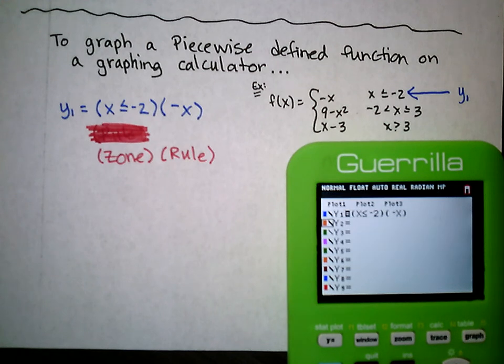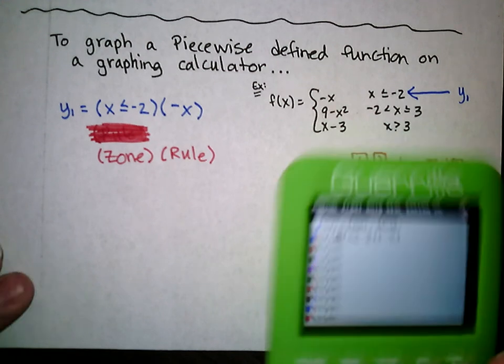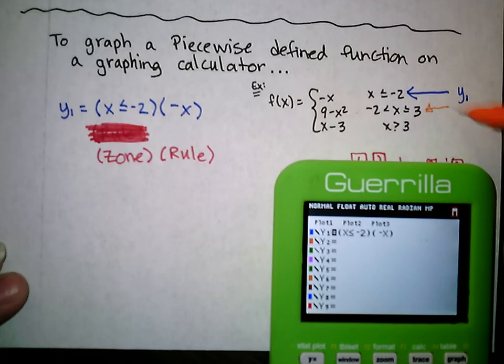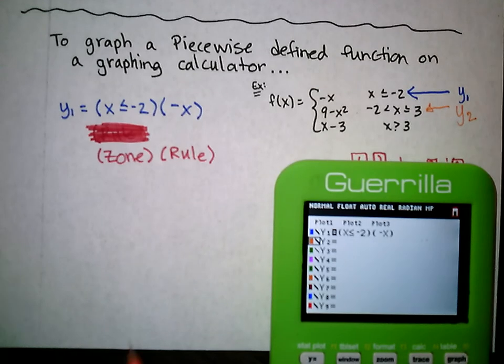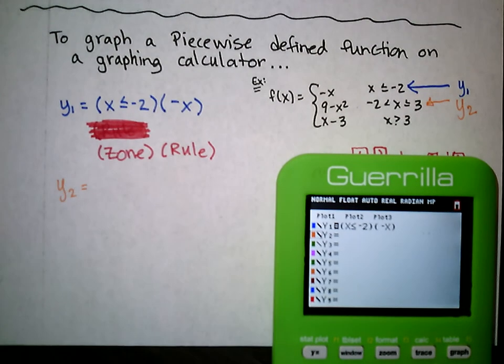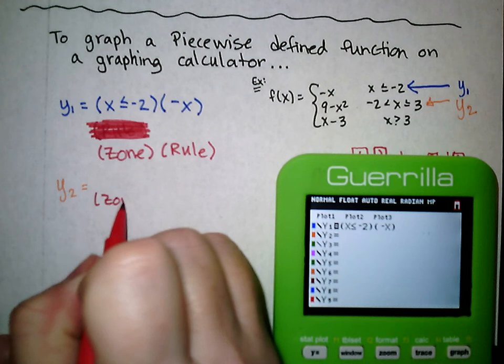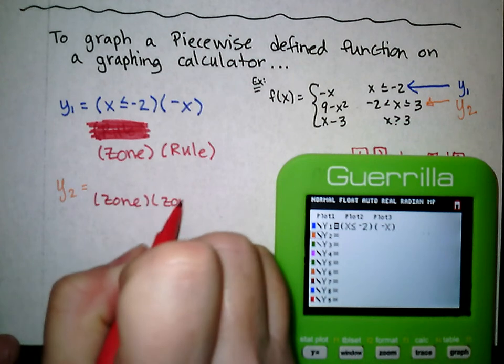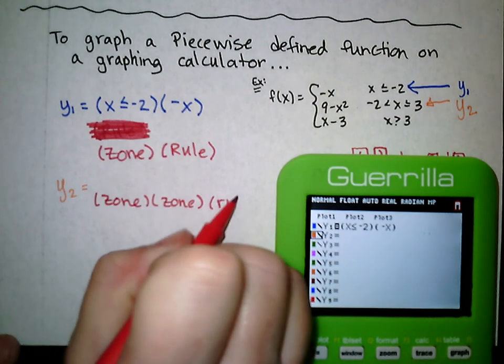So in my second rule here, this is going to be y2. So for y2 equals, if I have that double inequality, I have to do 2 zones. So I'm going to do zone, zone, rule. Okay.